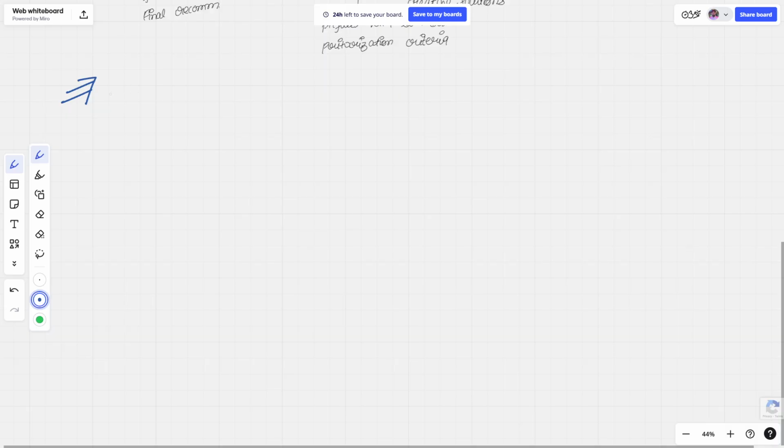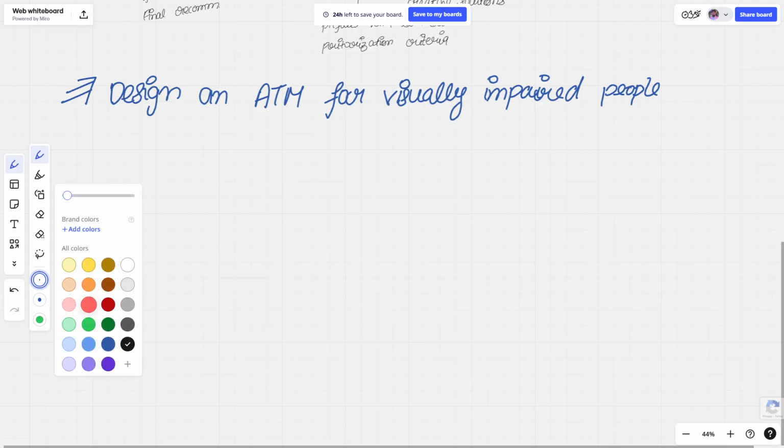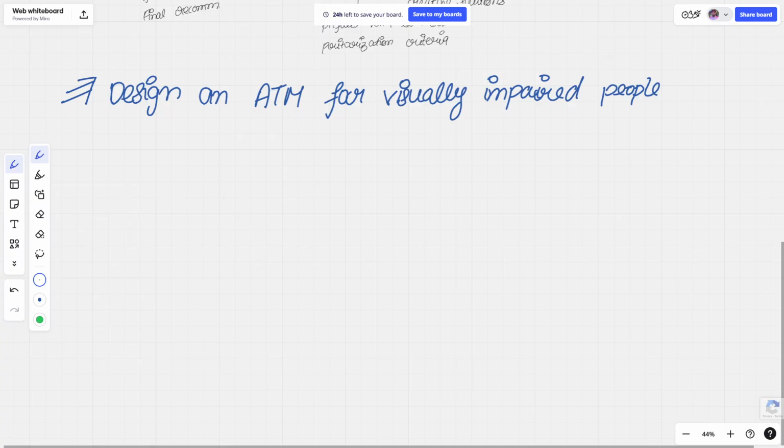And the question is, we have to design an ATM for visually impaired people. So this is our broad statement. We have no idea what we are actually going to do.